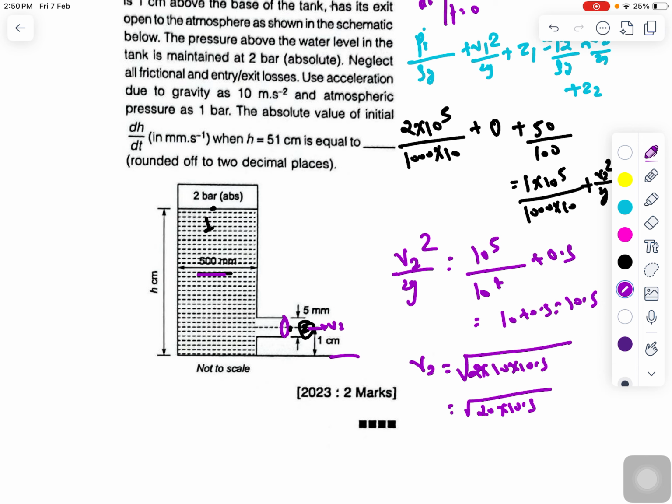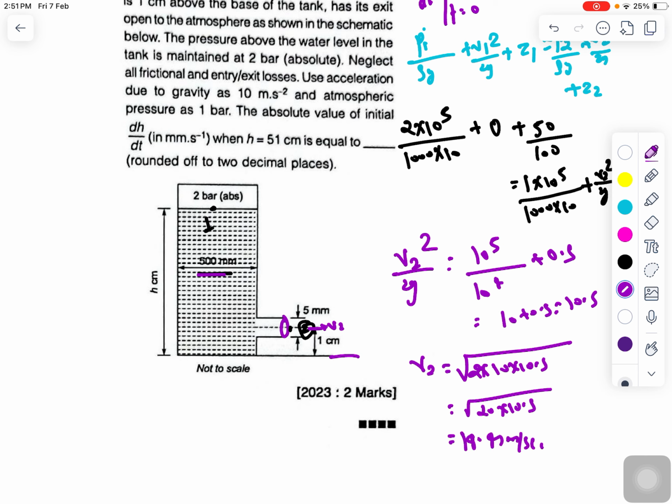Is that clear? So once you do the calculation, 20 multiplied with 10.5 and root over, the value of V2 will be 14.49 meter per second. Okay.